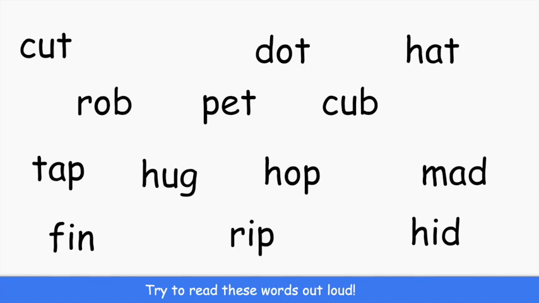These words are cut, dot, hat, rob, pet, cub, tap, hug, hop, mad, thin, rip, and hid. And in each of those words, the vowel makes the short sound. It does not say its name.